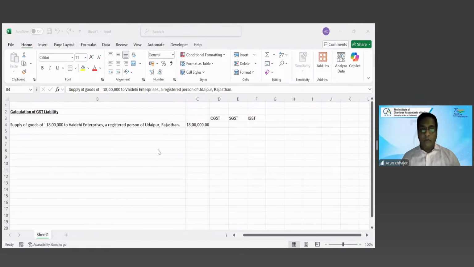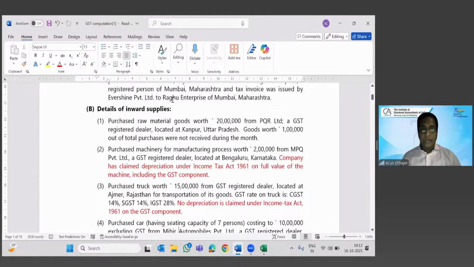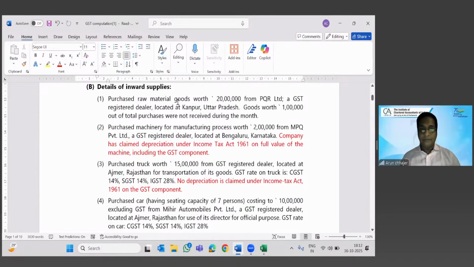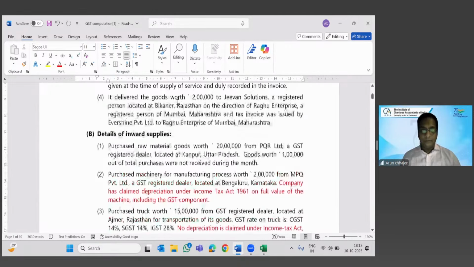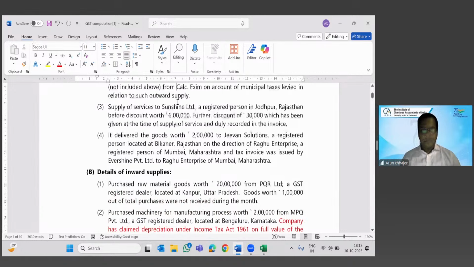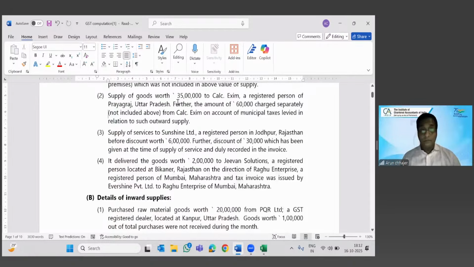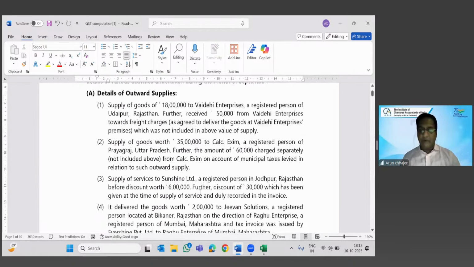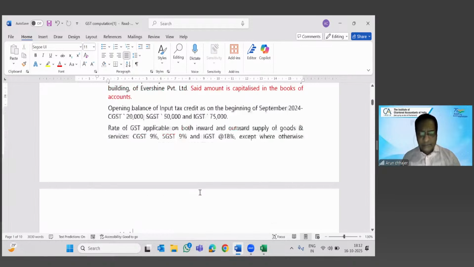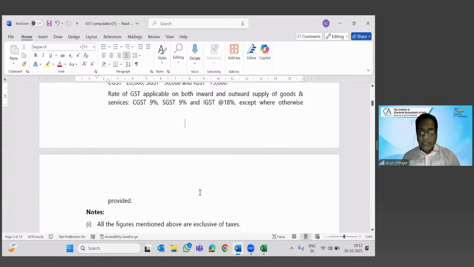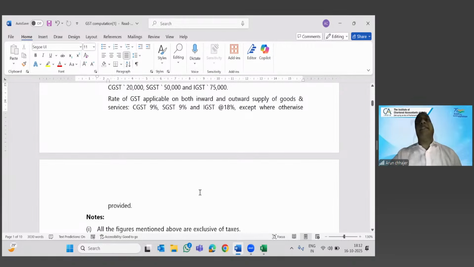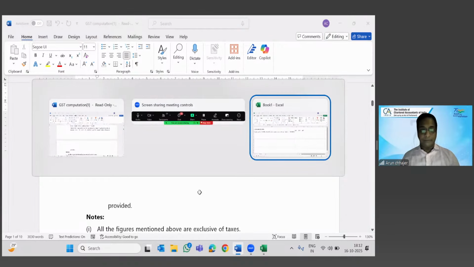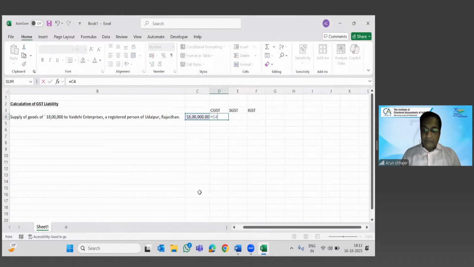The amount would be 18,50,000. And what is the rate of the taxes? Rate of GST will be 9% CGST and SGST, or 18% IGST.